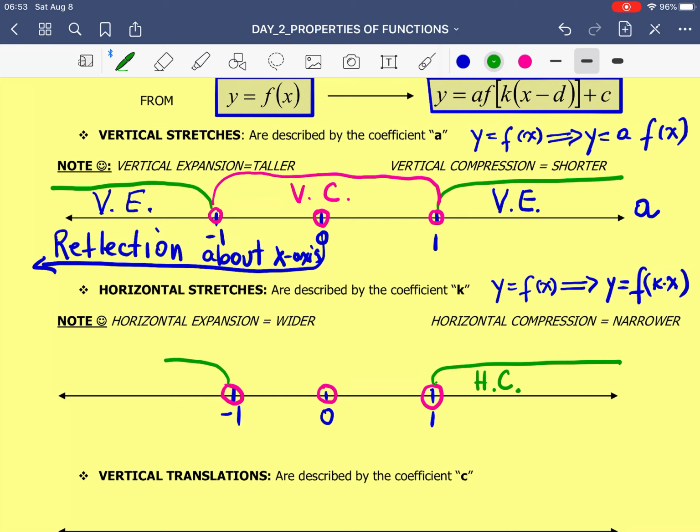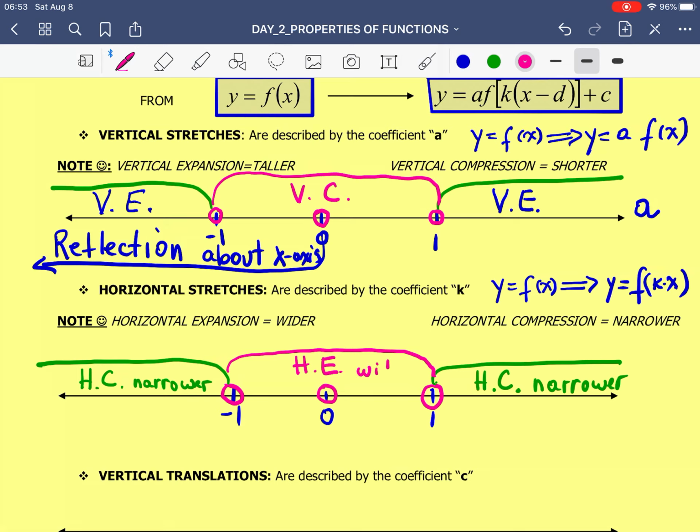Okay? The same thing applies to negative values of k beyond negative 1. So a horizontal compression. The graph will become narrower, not taller, just narrower. If the k values are between negative 1 and 1, again 0 excluded, the graph will undergo a horizontal expansion.